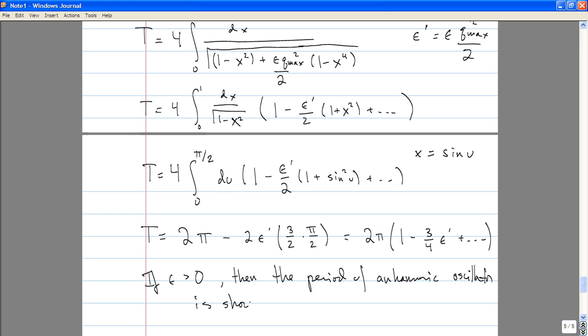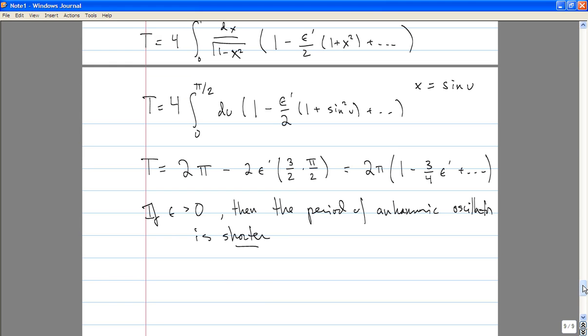Physically, that makes sense, because if epsilon is positive, then the potential is steeper than that of the simple harmonic oscillator. So as you roll up the side of the potential, you get more energy, and so your velocity increases. On the other hand, if epsilon is less than 0, the potential is gentler, and the period is longer.